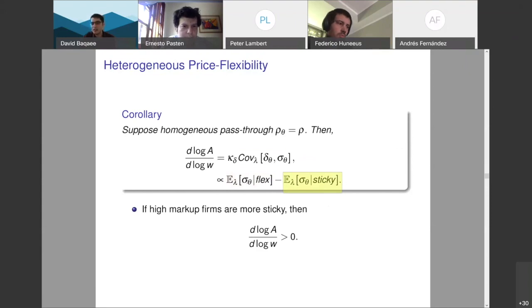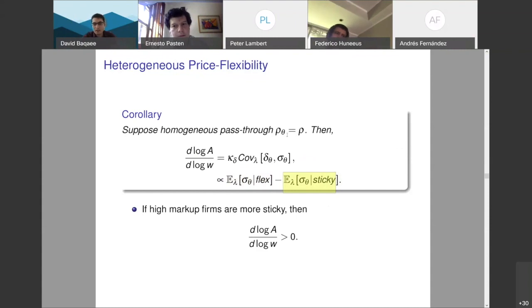So if the price elasticity of the flex guys, which are the low markup, is higher than that of the sticky guys, that's saying the low markup guys are more flexible than the high markup guys. That means that you're going to cut the high markups when you raise prices through monetary policy. Okay.